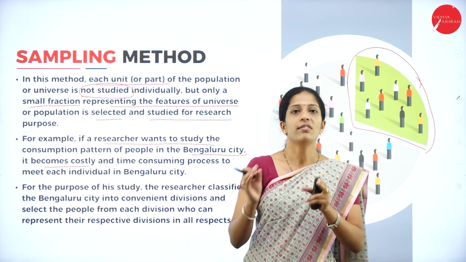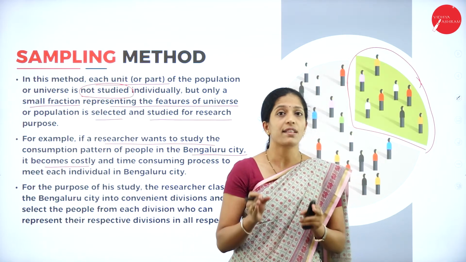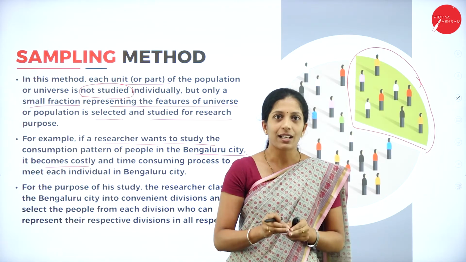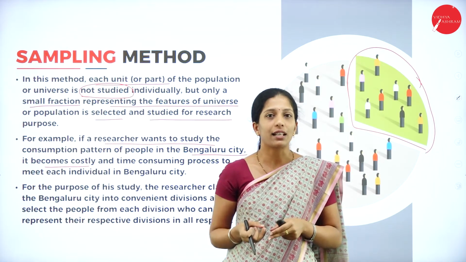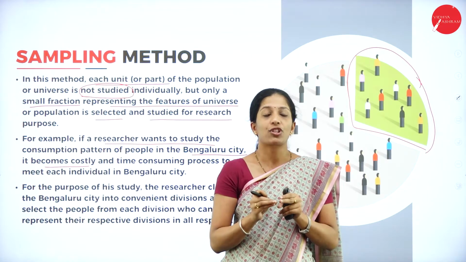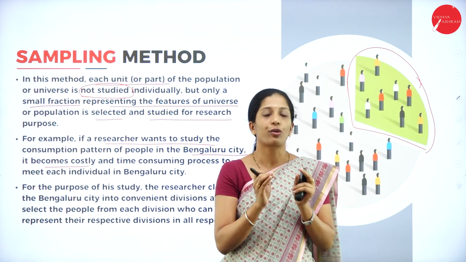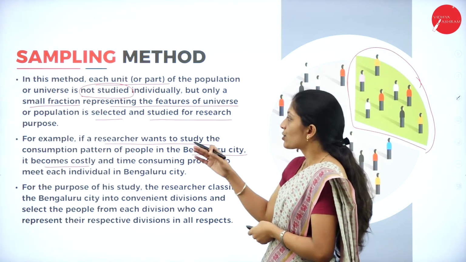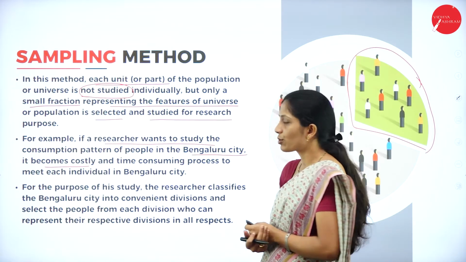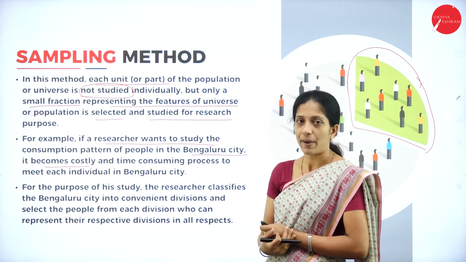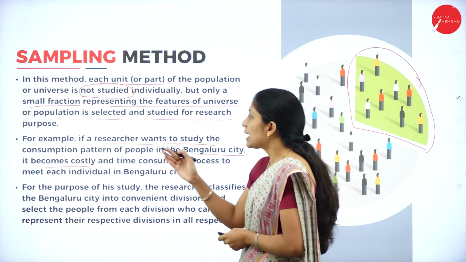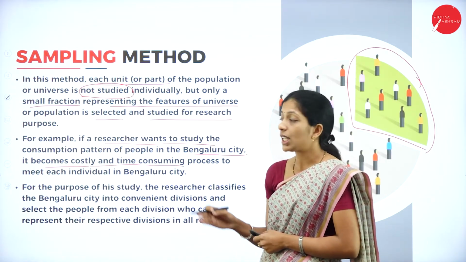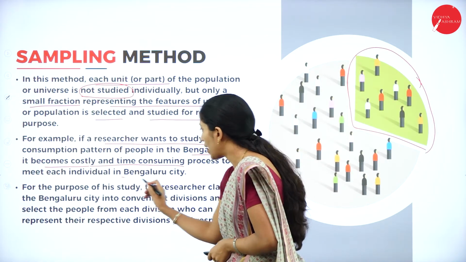So what they will do is randomly select a group of people from Bangalore, study them and collect the information. The information collected from that small group of people will represent the whole of Bangalore city. Otherwise, it becomes a costly as well as time consuming process to meet each individual in Bangalore city.